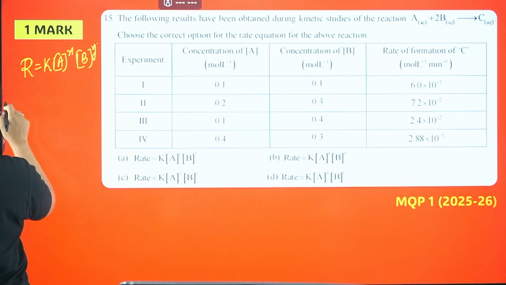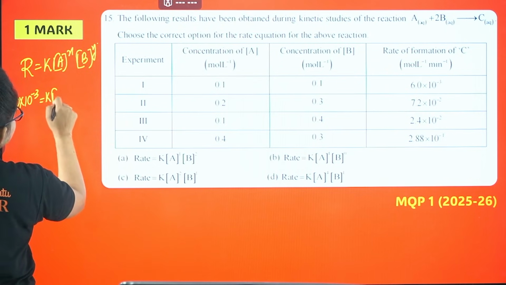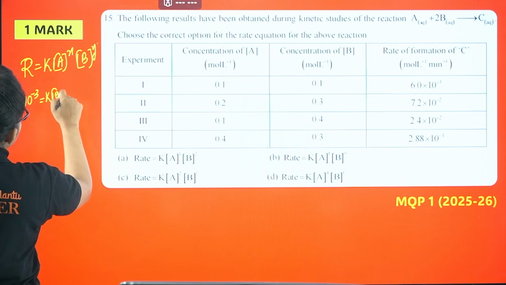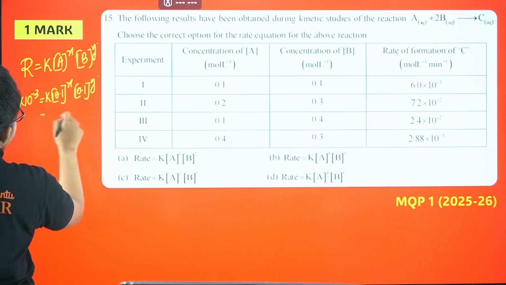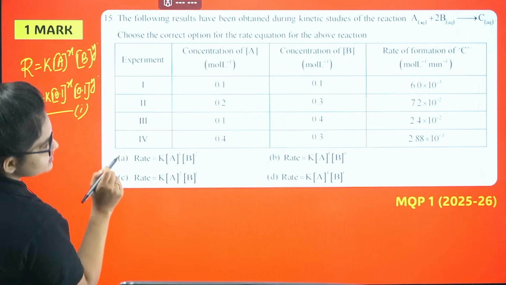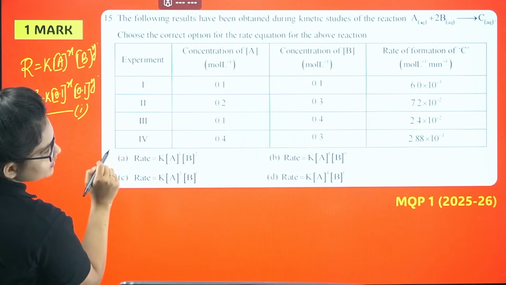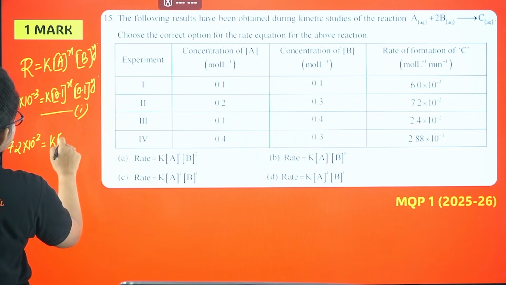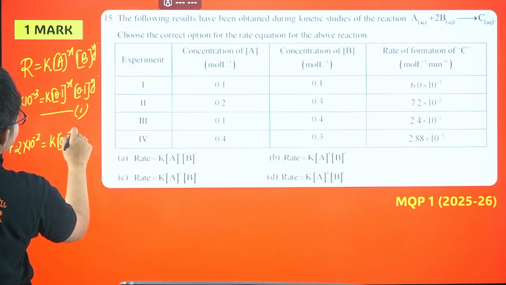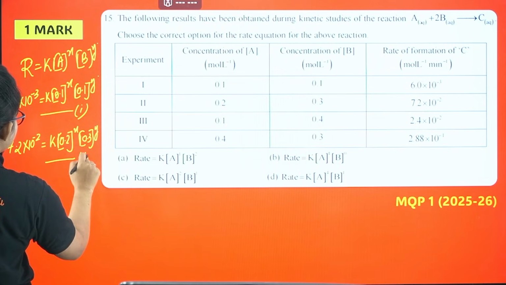So now for this case, the first rate is given as 6.0 into 10 power minus 3 equals K into A value, which is 0.1 power x into 0.1 power y. This is equation number 1. Next equation is 7.2 into 10 power minus 2 equals K into 0.2 power x into 0.3 power y. This is equation number 2.